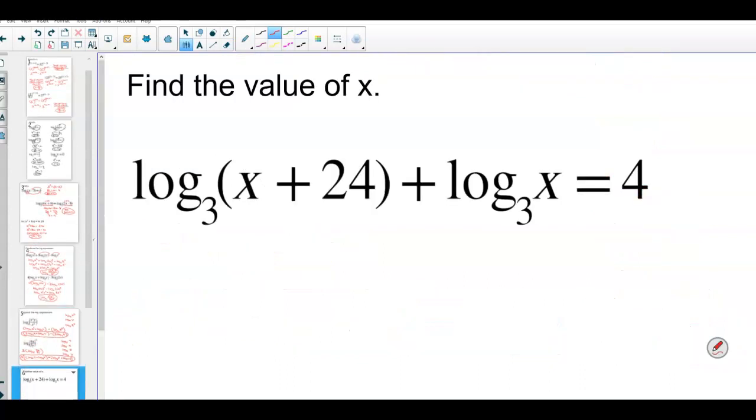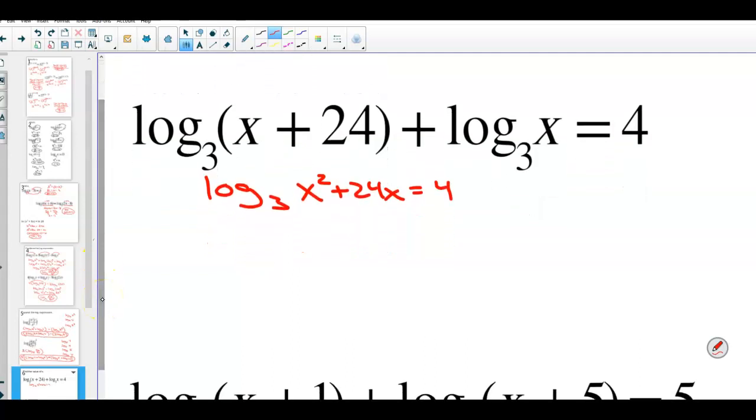So when I have the plus sign here, we don't want to solve for x until we've combined to one log. So this becomes log base 3 of x squared plus 24x equals 4. And as my kids in my other class saw yesterday, I'm certainly not above making mistakes. This stays in parentheses.